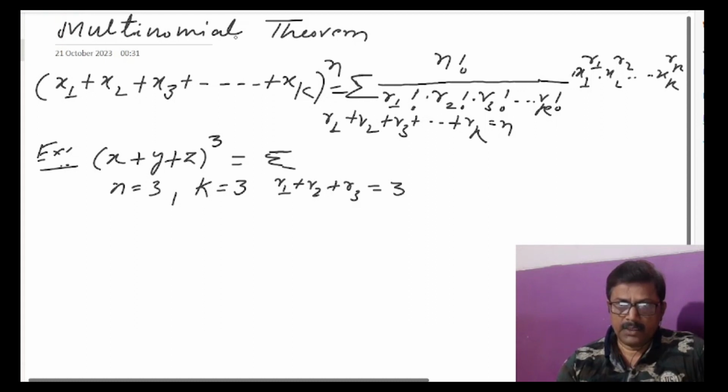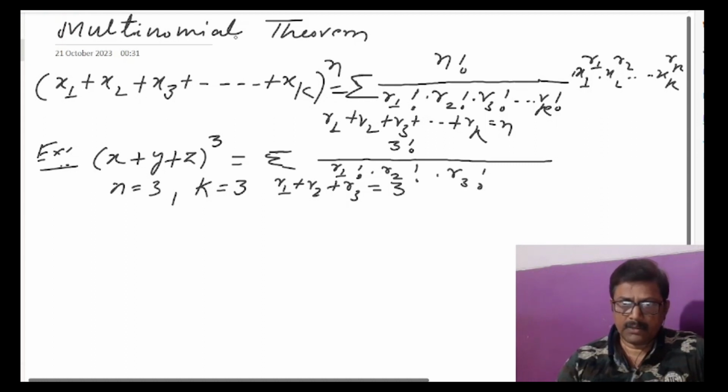Okay. N factorial, so 3 factorial divided by R1 factorial into R2 factorial into R3 factorial. Correct? Into x1. x1 is what? X. X to the power R1.